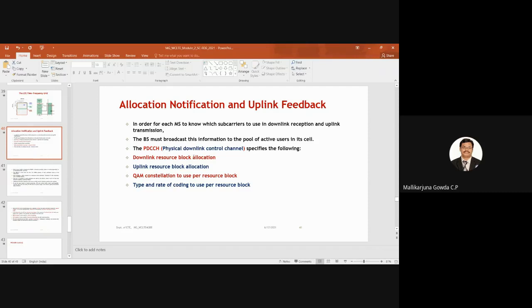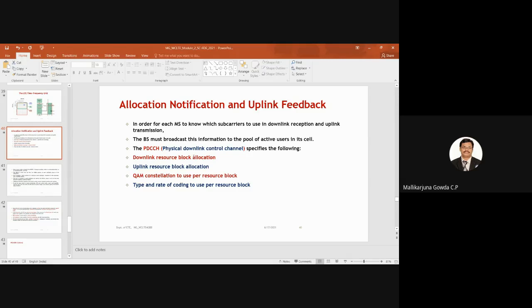I very clearly told you, you will be wondering how your mobile station will know which resource block or what frequencies to be used for transmission as well as reception. That will be known by what the base station transmits to the user equipment over the PDCCH channel, that is the physical downlink control channel.